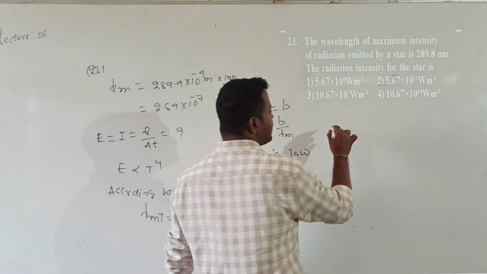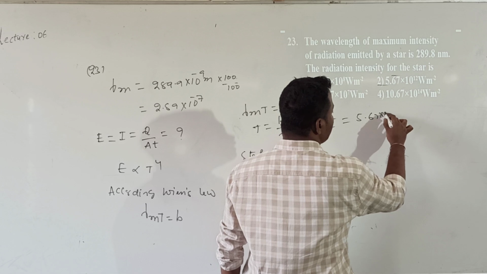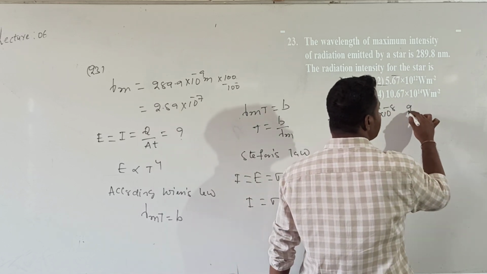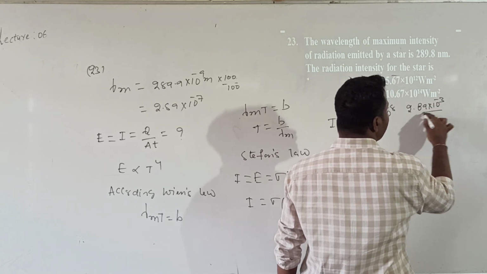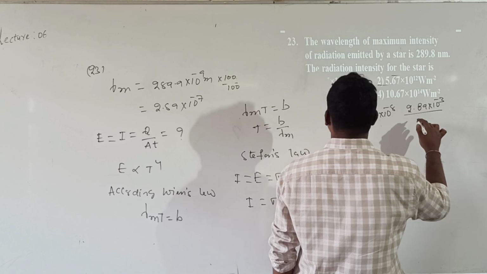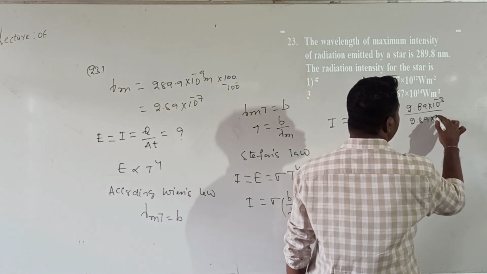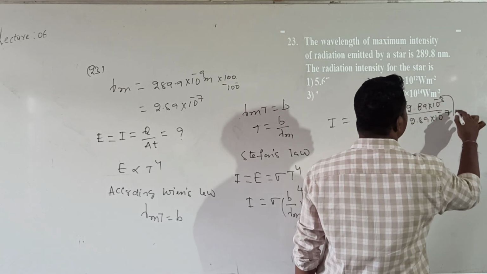So what will we get as the answer for I? Sigma value 5.67 into 10 to the power of minus 8, into B, Wien's constant value 2.89 into 10 power minus 3, divided by lambda M value 2.89 into 10 power minus 7, whole power 4.